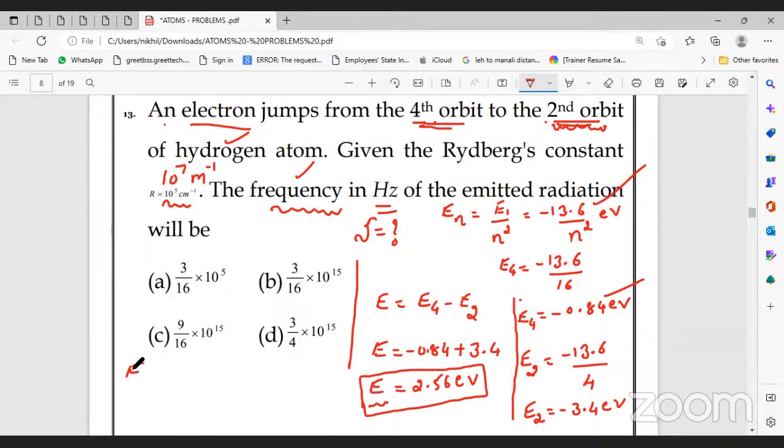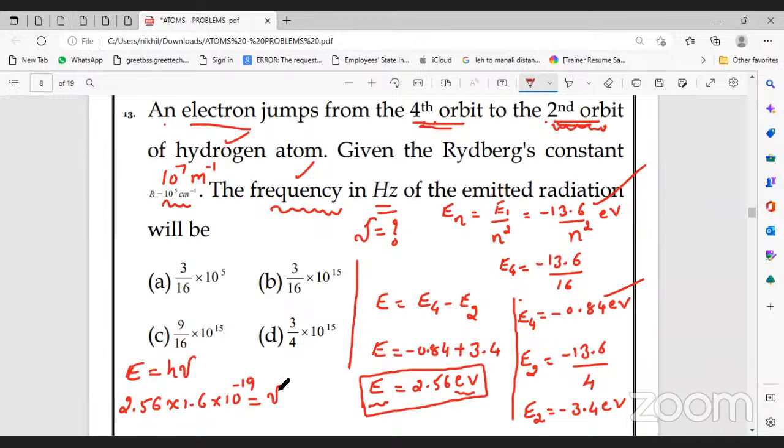Energy emitted by the radiation is given by the formula E is equal to h into nu. The energy is 2.56 electron volt. Convert into joule: 2.56 into 1.6 into 10 power minus 19, which is equal to h into nu.